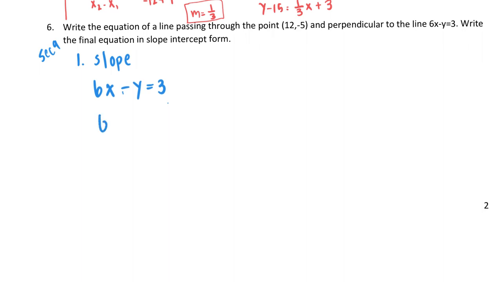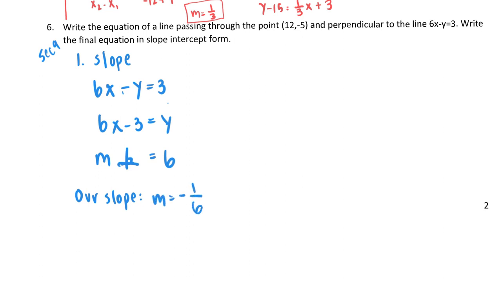So if we were to solve for y here, we get a slope equal to 6. So if that slope is 6, our perpendicular slope is going to be the negative reciprocal of that. So our slope is negative 1/6.